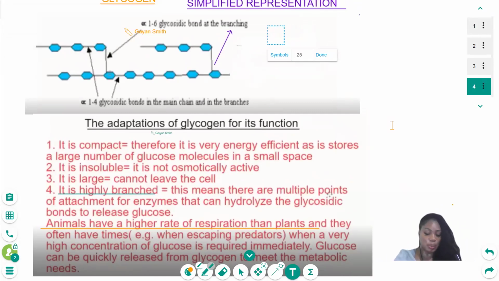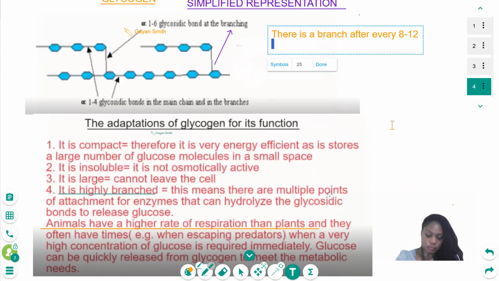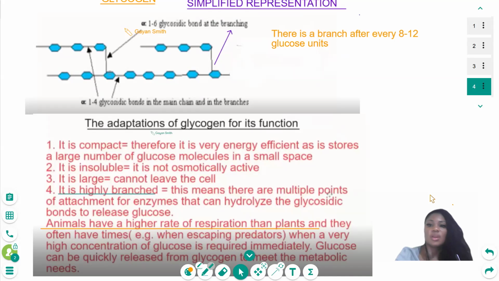That's a very, very important point. So you can see that definitely glycogen is way more branched than amylopectin, which is why it's way easier to release the glucose units because the branching comes way more often, right?